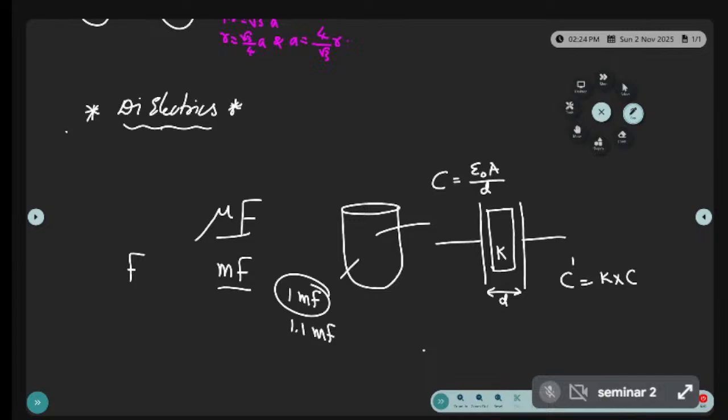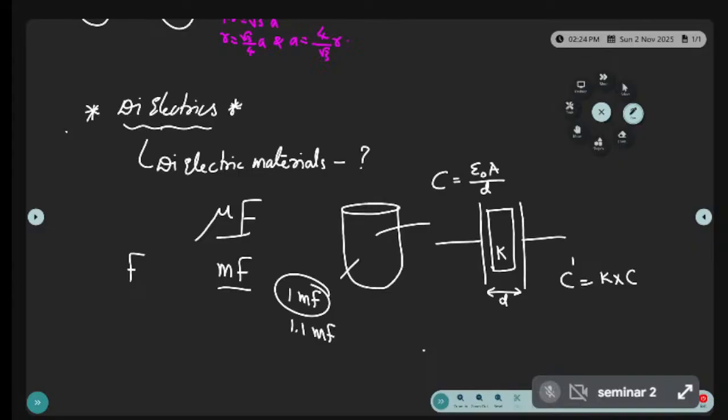Now the question is, what are dielectric materials? I think now you have an idea of for what purpose dielectric materials are used. Did you get the idea?